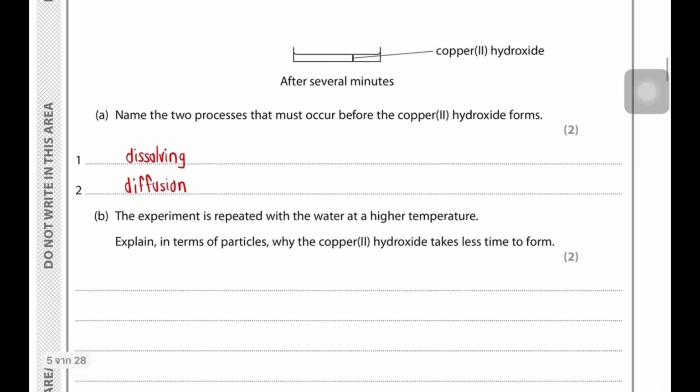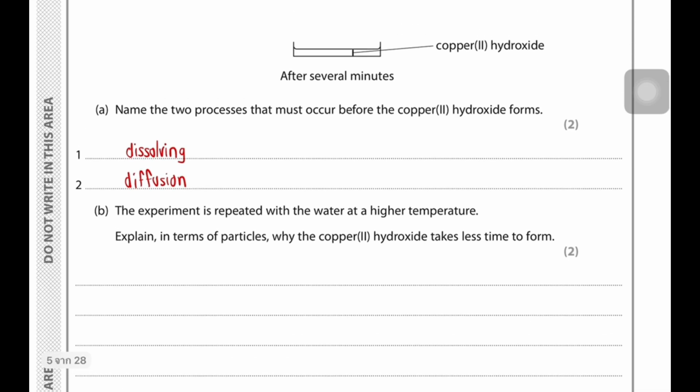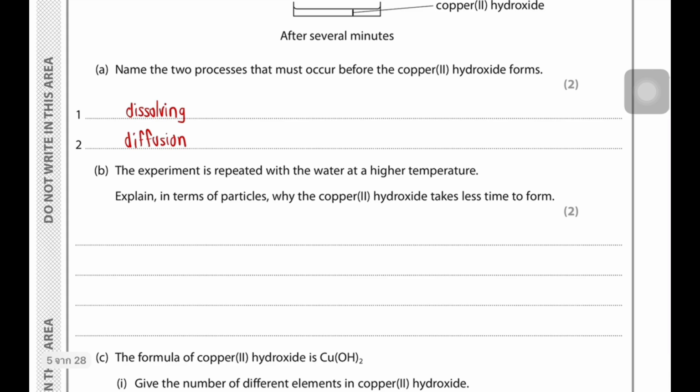Then question B. The experiment is repeated with the water at higher temperature. Explain in terms of particles why the copper hydroxide takes less time to form. The first point is that at higher temperature, the particles move faster.